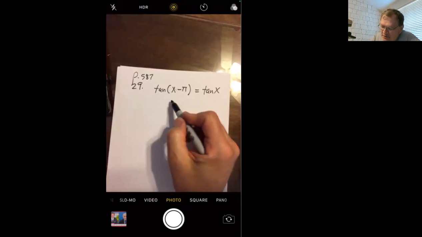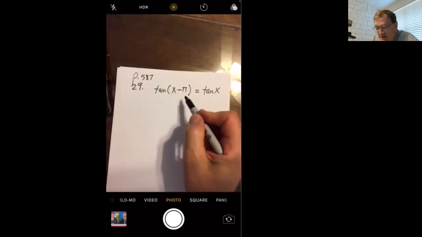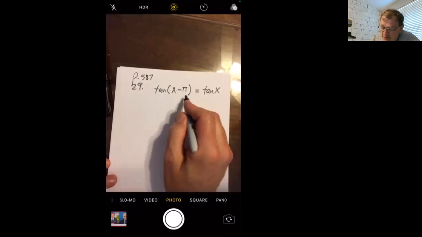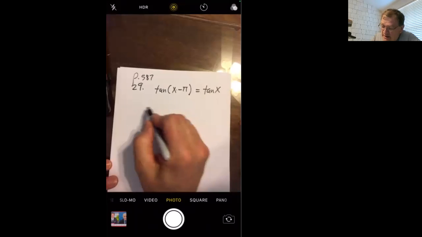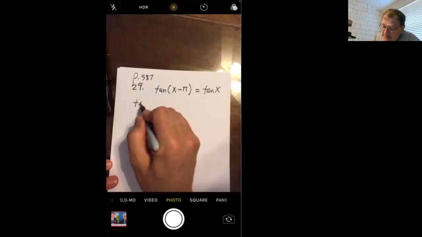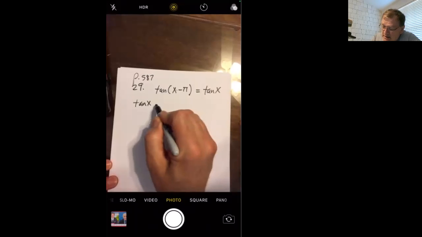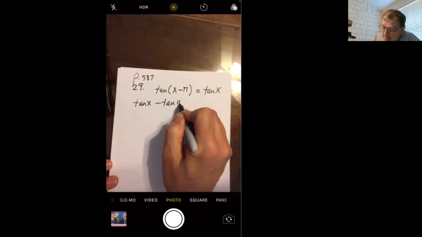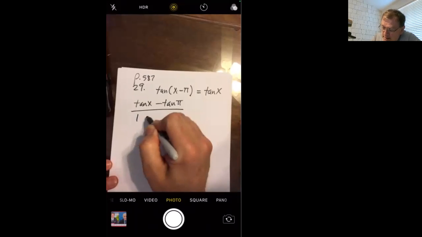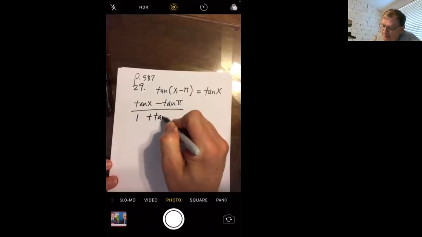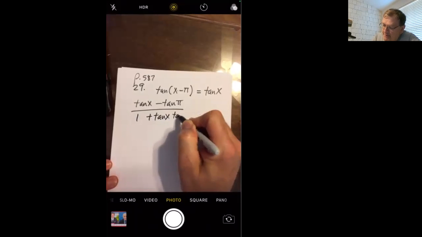Again, I can play it sine over cosine if you wanted and use those formulas. Let's see if I can do a straight tangent formula on it, which means it was tangent x minus tangent pi, over 1 and opposite sign, the product, tangent x tangent pi.